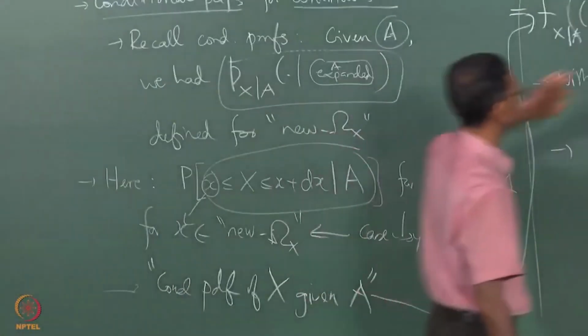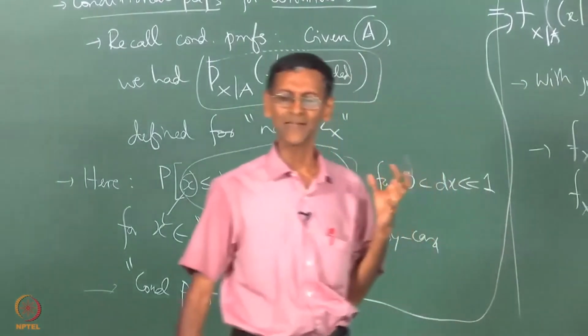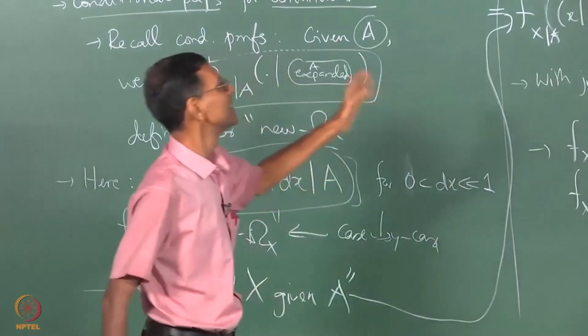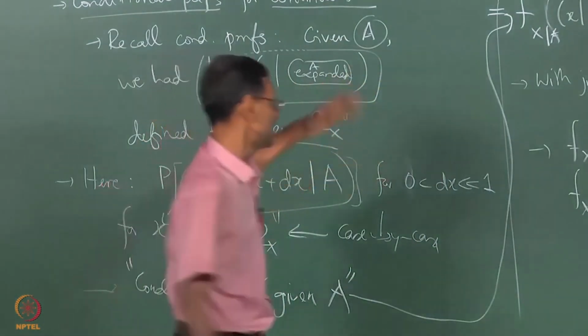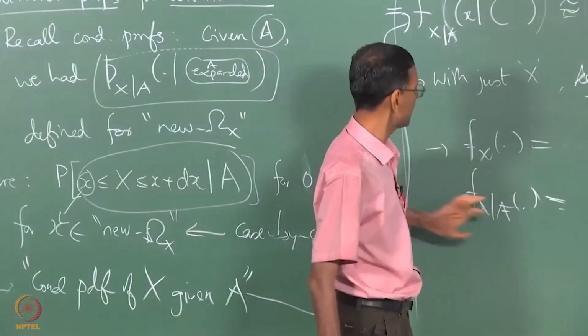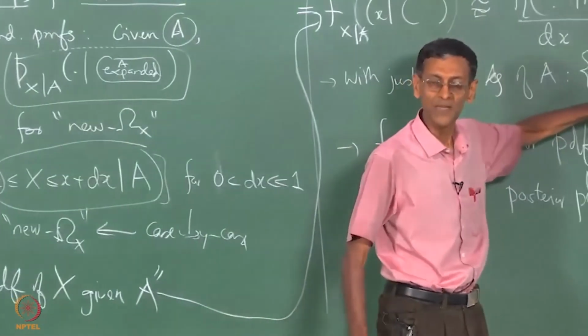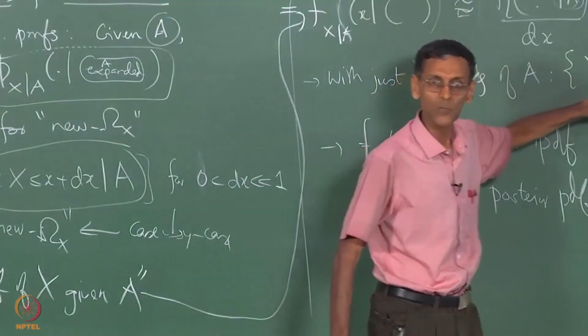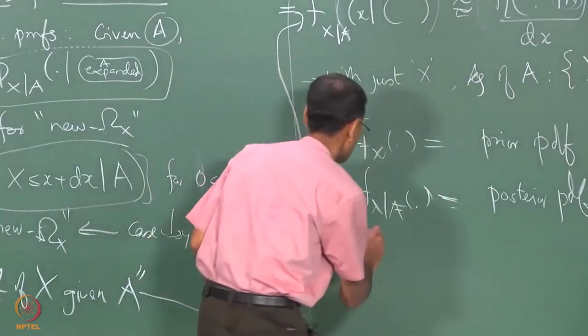So this P of A has to be positive, as we will see. We will normally assume that P of A is greater than 0 for any conditioning event, but there is a twist to that, we will come to that. But at least for now, for this kind of thing you want this to have positive probability. This P of x greater than x naught must have positive probability, and then I will give you a formula here.